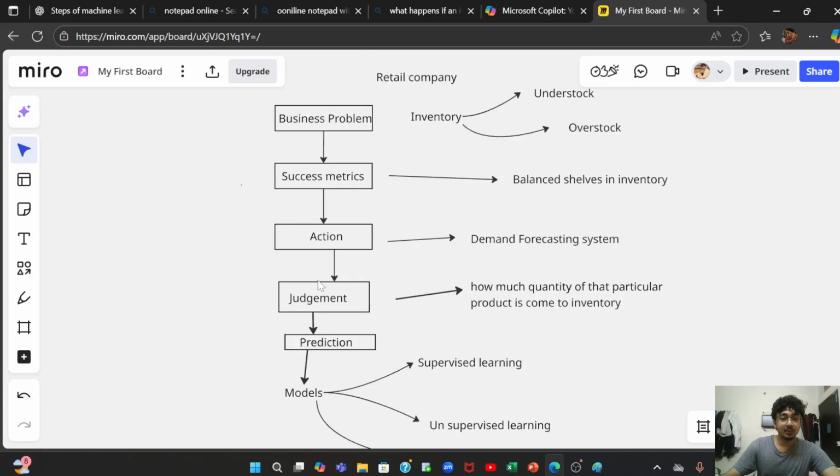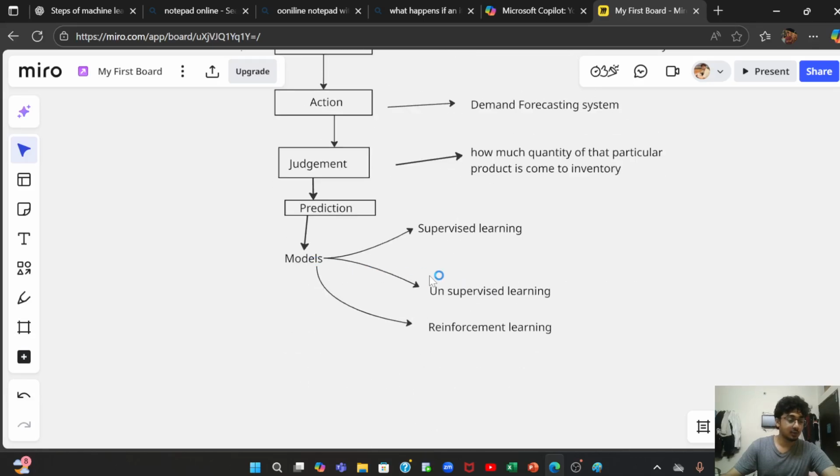Okay, so let's come to the models. There are three types of models: supervised learning, unsupervised learning, and reinforcement learning. Okay, these are the model types. In supervised learning, the data is labeled data.